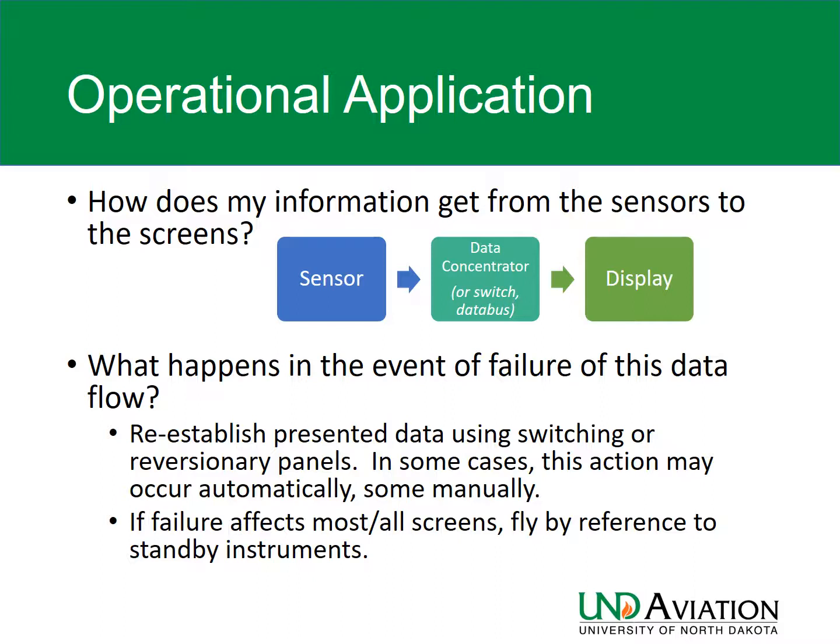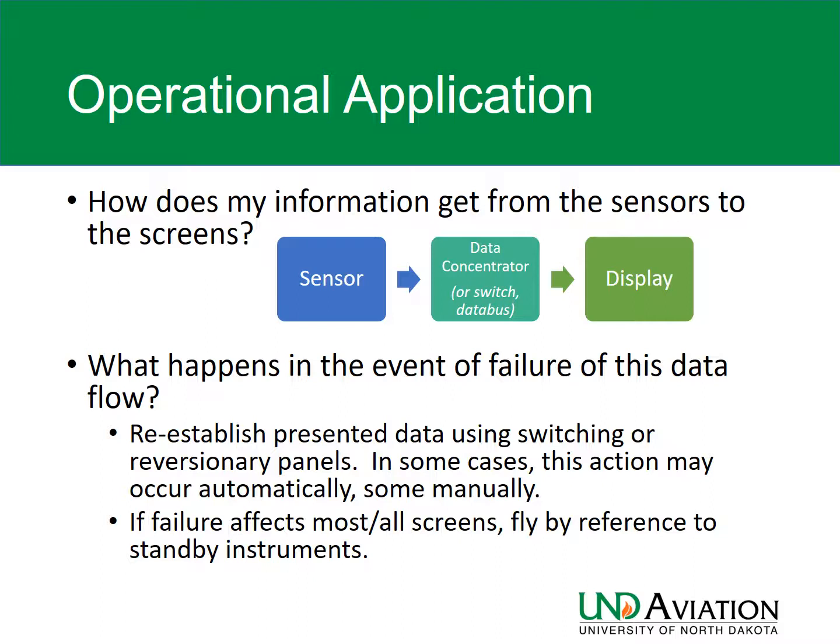And a few operational review questions. This is a review from earlier: how does information get from the sensors to the screens? In your individual lesson, I really encourage you to pay attention to this. Look at the diagrams and pay attention to where the crews are going to interface and when they need to interface.